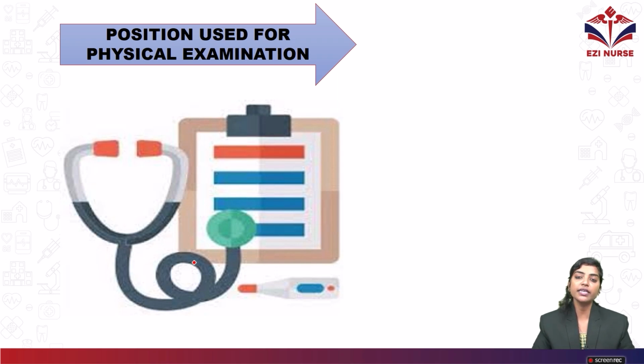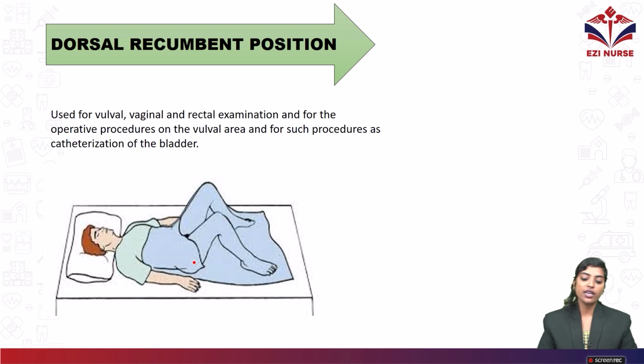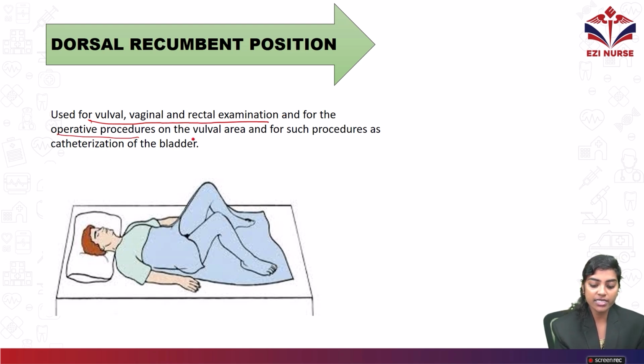Next, move on to the positions used for physical examination. What all positions will be used during the physical examination? Now we will discuss. In that, first, dorsal recumbent position. It is used for vulval, vaginal and rectal examination, and for operative procedures on the vulval area, such as catheterization of the bladder.